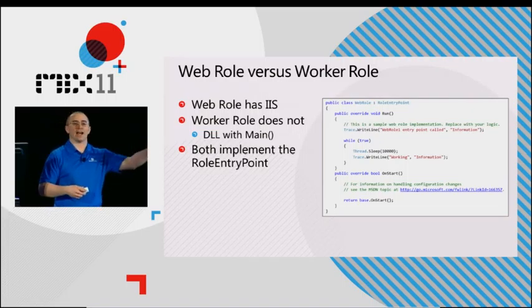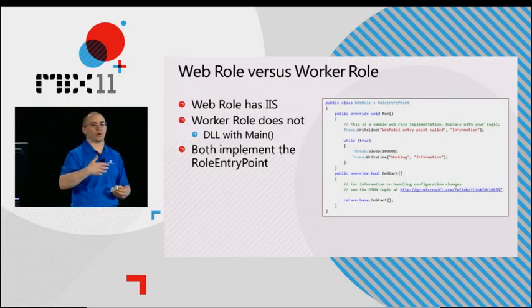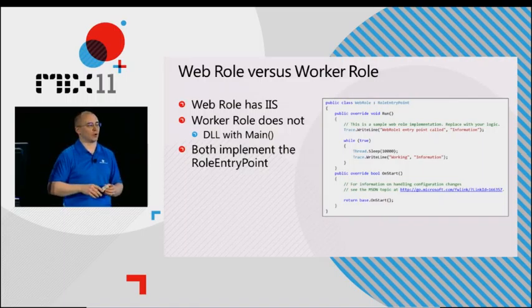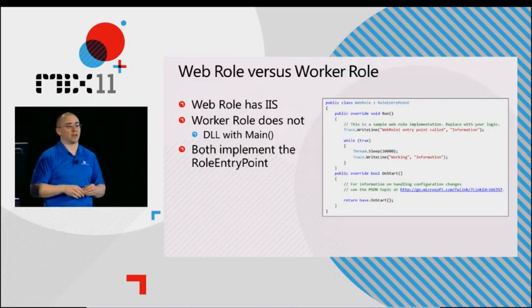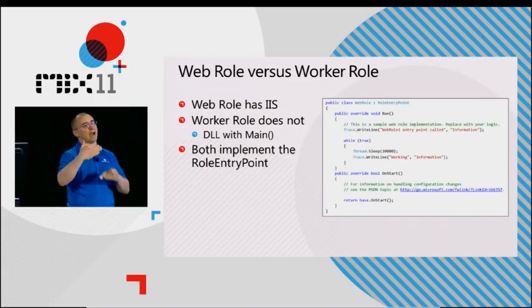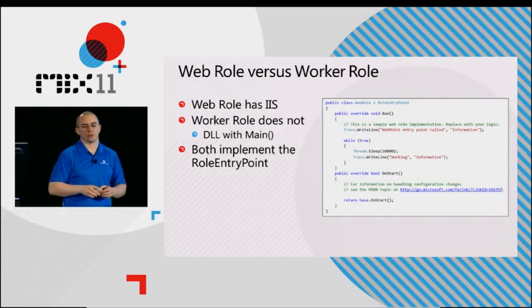So the web role has IIS, but it also has this role entry point where the Fabric controller, which is responsible for managing our applications for us, will call into to start processes. And so in your web role, you could theoretically, in fact, BabbleCam, the application I'm running, is really just two web roles, but no worker roles, because I'm running all that background processing within this webrole.cs that's being called into through the role entry point.